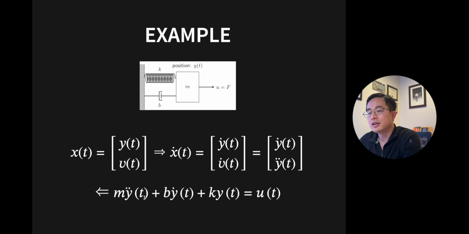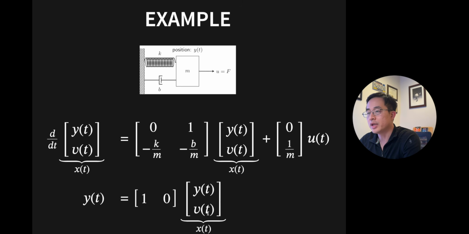So by expressing y double dot as a function of these variables, we can fully write the state equation in this compact matrix form, where the A matrix is a 2x2 matrix. The first row is 0, 1. The second row is negative k over m and negative b over m. The B matrix is 0, 1 over m, and the C matrix is 1 and 0.